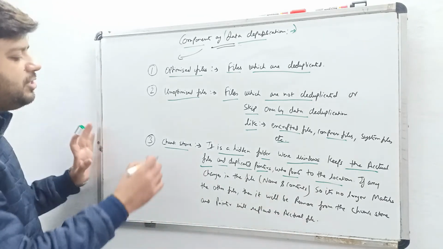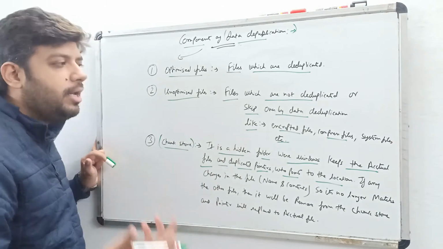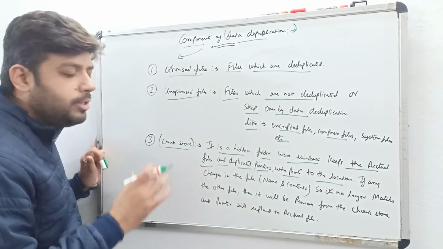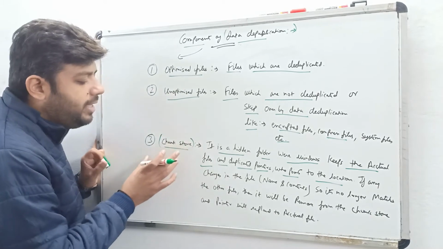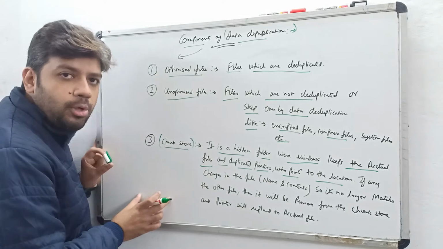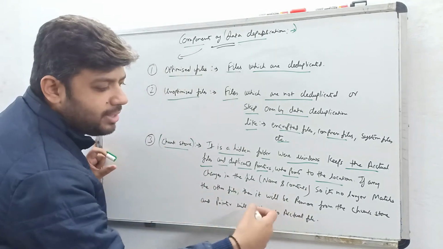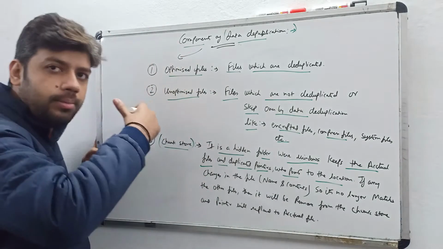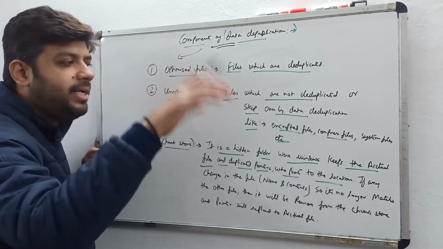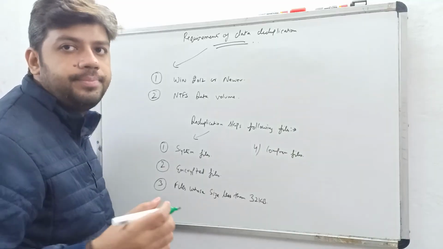The concept is that the chunk store maintains the original location of the files. If there are any changes, it removes the old actual location and maintains the new actual location with the modification of the files.